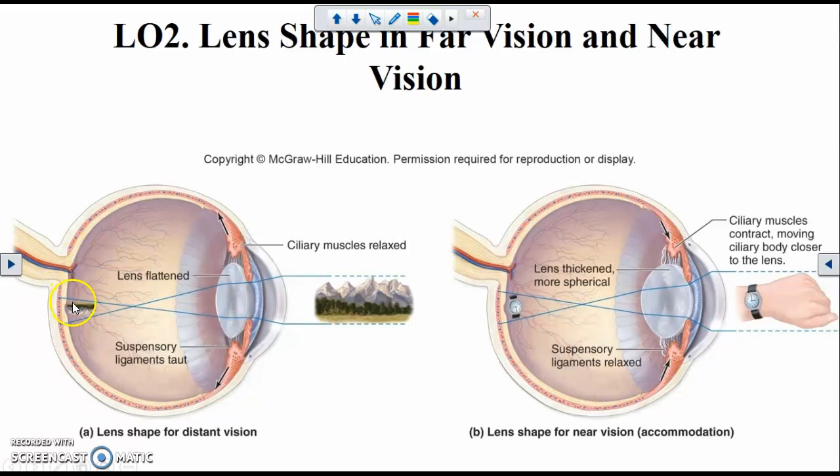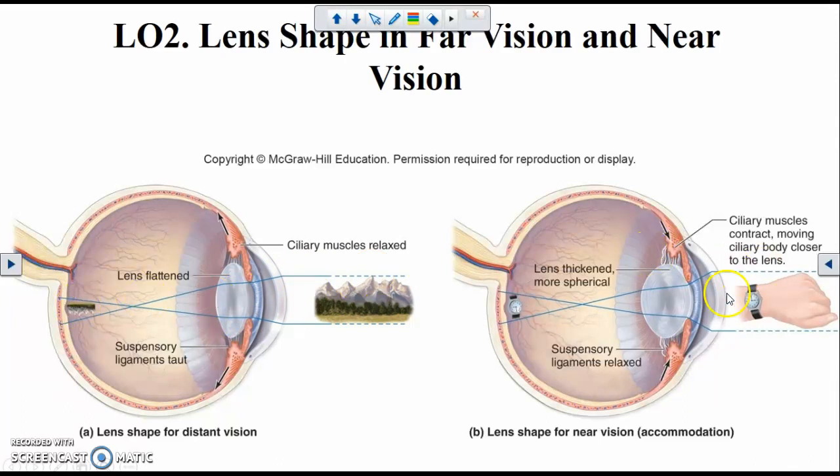Here you have an area called the macula lutea, and in the middle of the macula lutea there's a region called the fovea centralis. That is the area of the sharpest vision, because it has the most cones. We're going to be talking about rods and cones soon. So for distant objects, the ciliary muscles relax and the lens is flattened, because you don't need to refract a distant object.